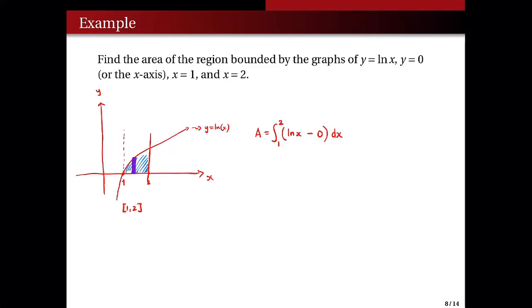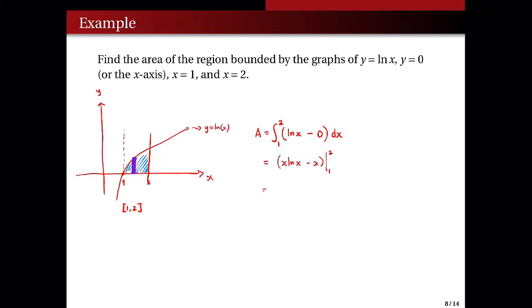So anyway, let us solve this integral here. You can do your integration by parts, or you can just write immediately the integral of ln of x dx. If we do that, we'll just have x ln of x minus x. And then we evaluate this from 1 up to 2.